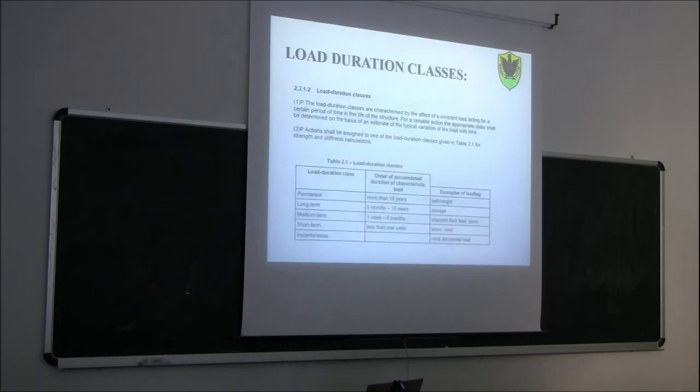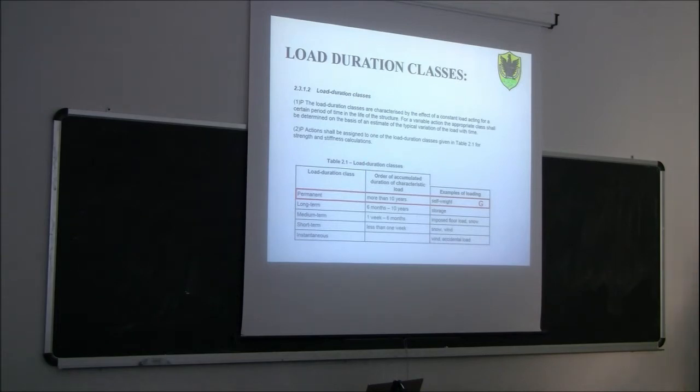Now, we need to find out which kind of load we've got here. So we've got one permanent load, self-weight, more than 10 years. And then we've got the snow. For the snow, you see, snow may be 1 week to 6 months, medium term, or less than 1 week, short term.